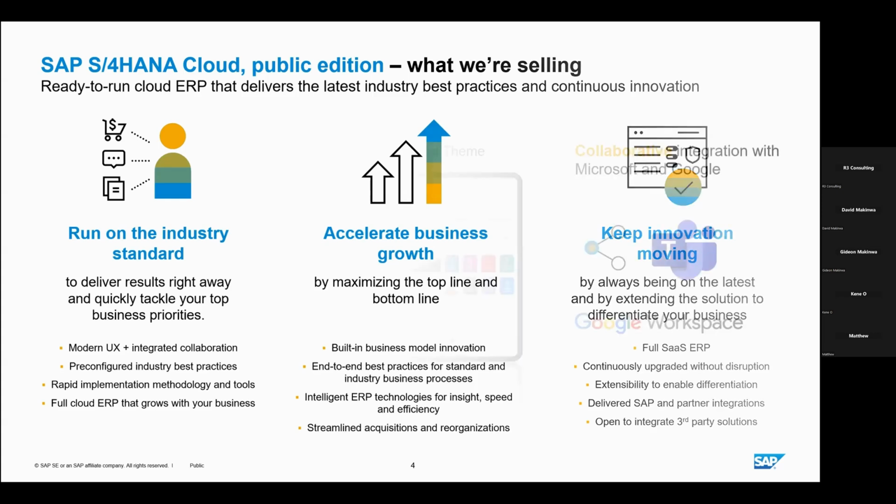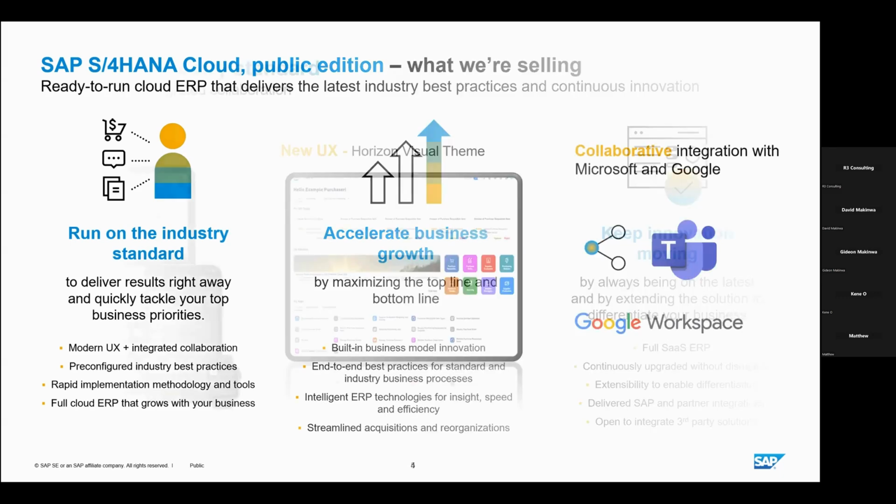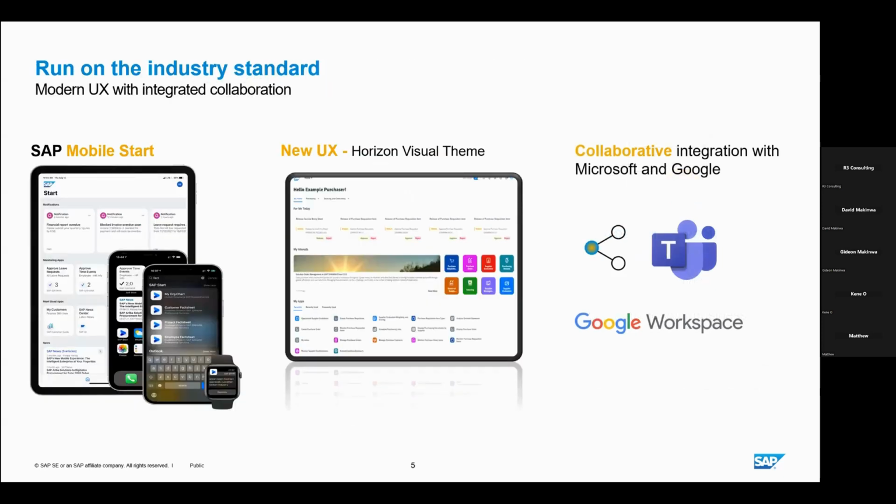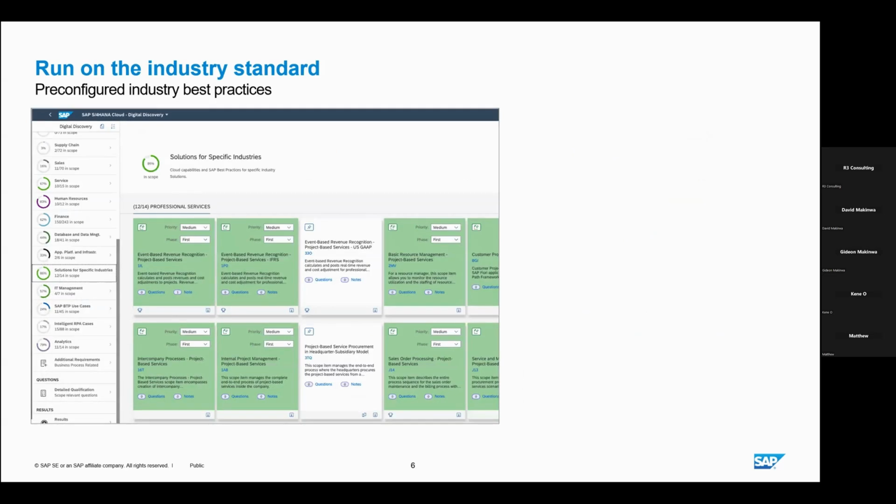So S/4HANA is modern. We support mobile and web. Also, we have a lot of collaboration with Microsoft Teams, Google Workspace, and so on. It follows industry best practice deployment strategy, so it makes it easier to implement.